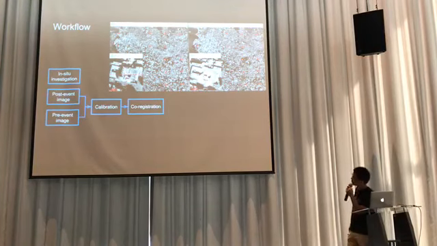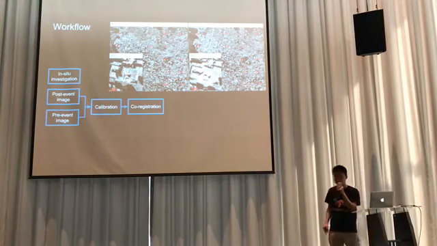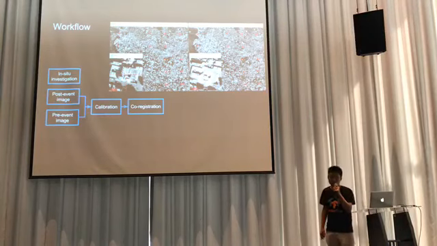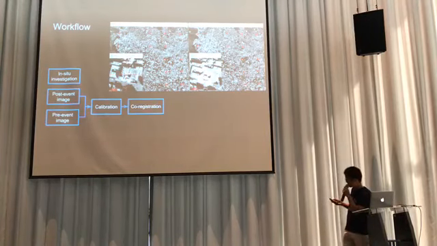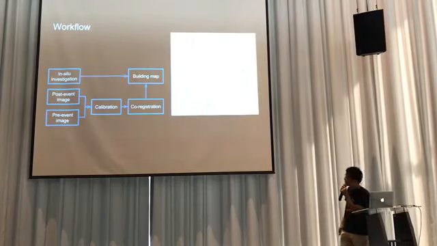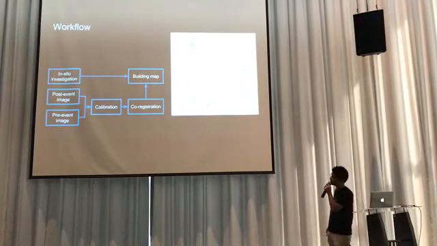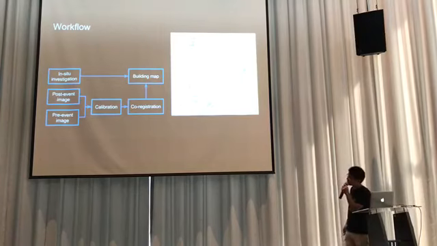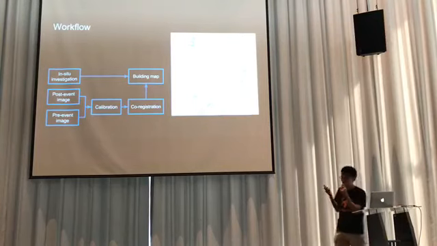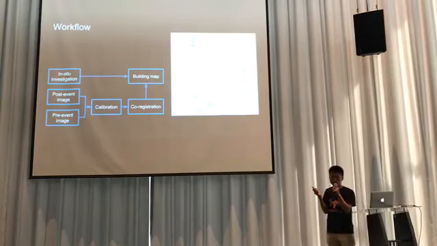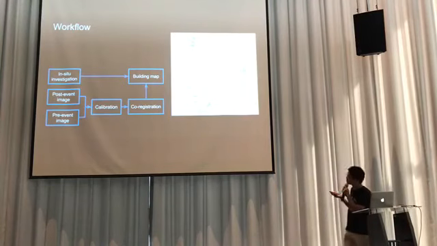And after that, we should register the post-event and the pre-event images to make them perfectly overlaid. And then with these satellite images and the in situ investigation data, we can make a building map to know exactly where the buildings are located.